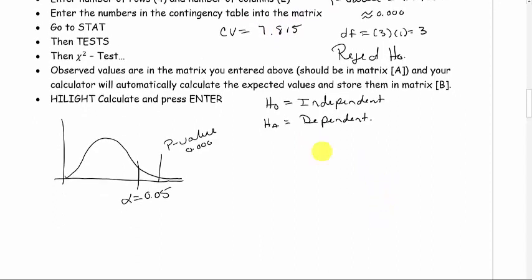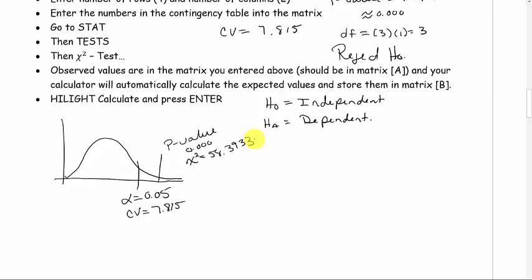So if you're going to be using that, then instead of alpha here, we would have our critical value, and here instead of p-value, you would have your chi-squared statistic. And that was 58.3933.